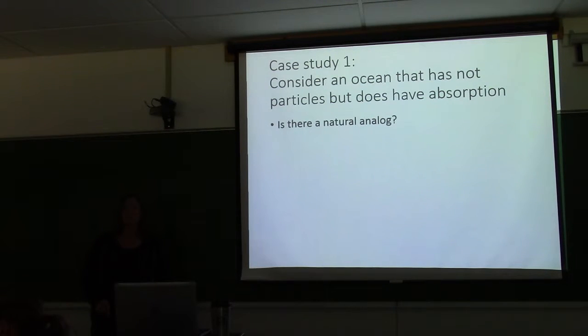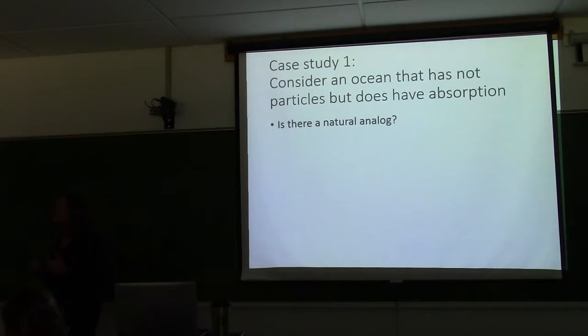The deep ocean will look dark, and the surface looking down on it will be black because there are no particles to redirect the light back out to your eye. All of the light continues to propagate down until it's absorbed. So as you go down, it will get darker and darker, and as you look at it from the top, it will be black.